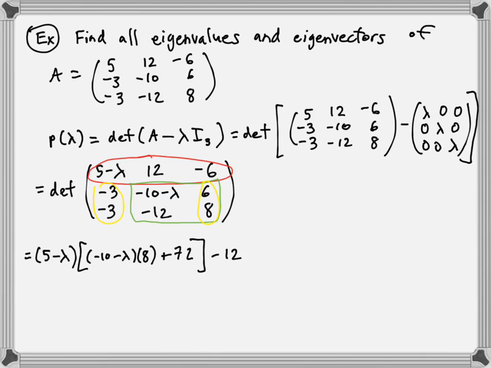Sorry guys, I just realized that I forgot to write in the right. Let me go back. There is a mistake here. When I do 8 minus lambda, I actually should be getting an 8 minus lambda in the bottom corner here. So let me erase this. This actually should be 8 minus lambda here. That would have screwed everything up, but luckily I caught it. No, I guess actually my first multiplication was wrong.